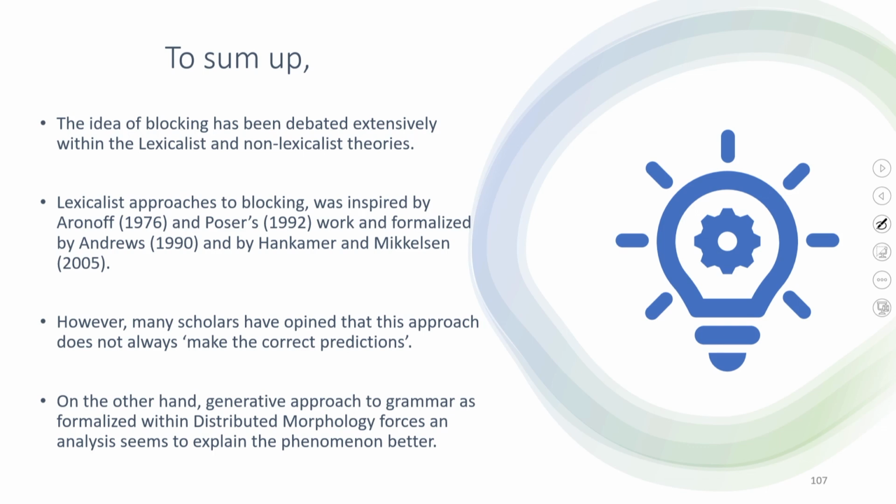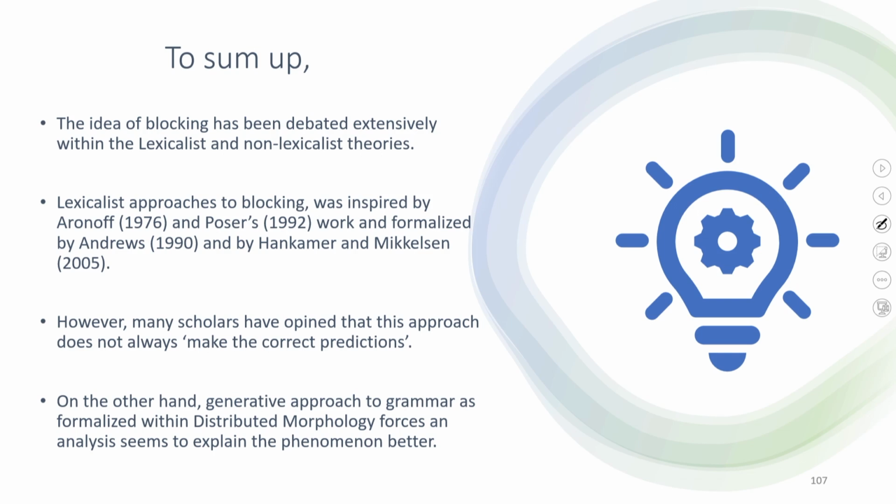If there is one word already existing, then there is a competition in terms of the paradigmatic slots and so on. The non-lexicalist hypothesis is from the perspective of generative syntax, the distributed morphology, where they talk about how through grammar, through structure, you can explain why certain forms are not used and certain others are used.